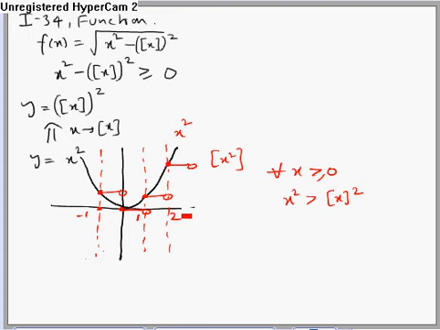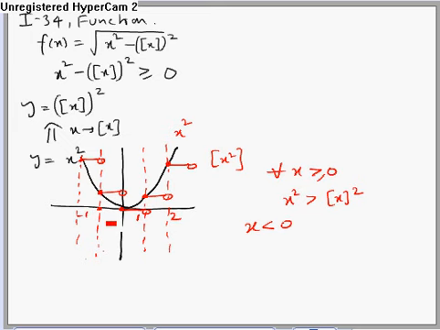Now if you see the left half, x less than 0, let's see what values satisfy this inequality in the left half. In the left half, you can see the parabola is below the greatest integer graph, the red graph. The black graph is below the red graph. We want x squared, the parabola, to be above, or for them to meet. So in the left half we will take only the integer points.